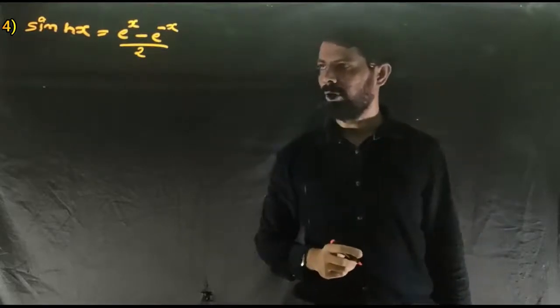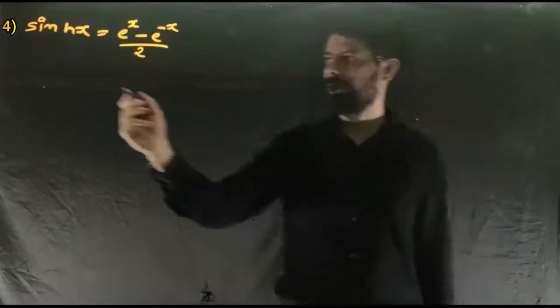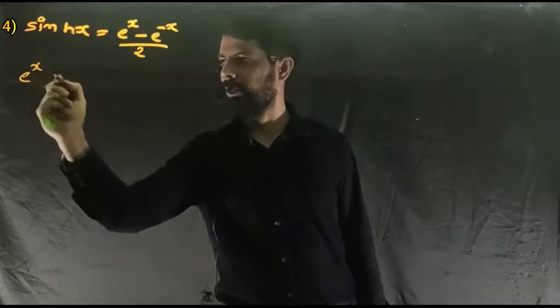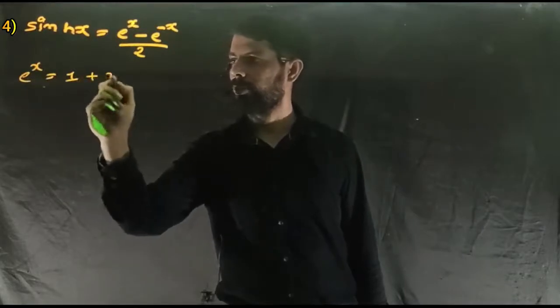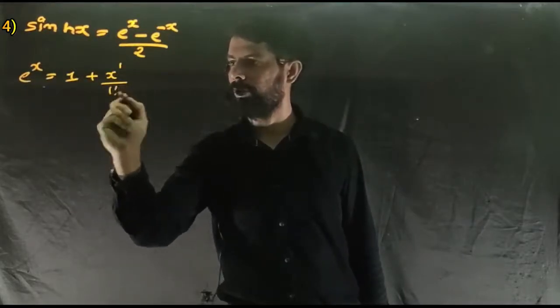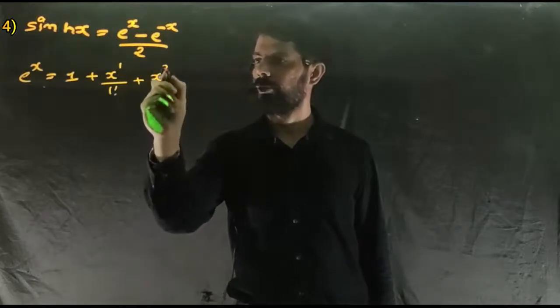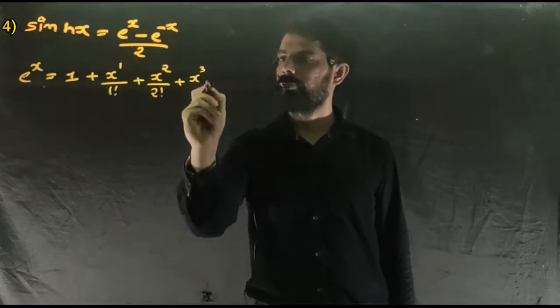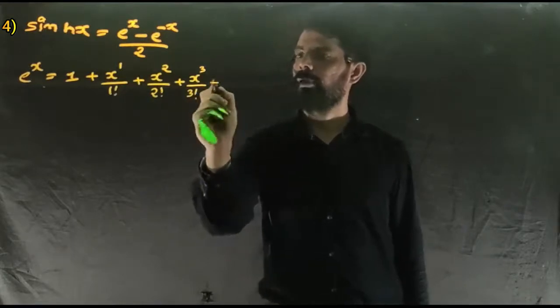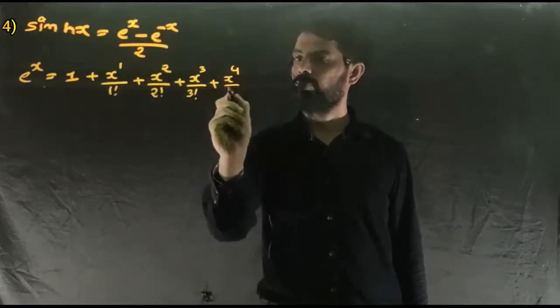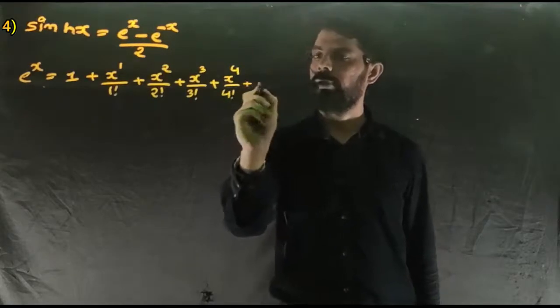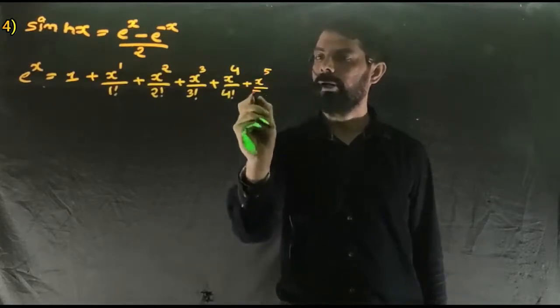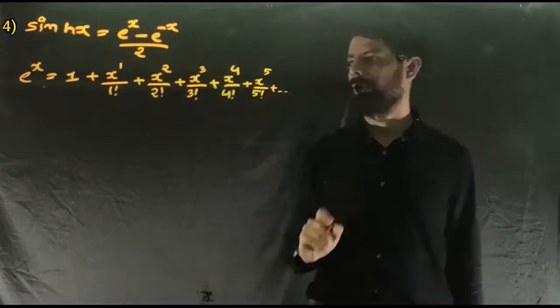We have already discussed that the Maclaurin series for e raised to x is given by 1 plus x raised to 1 by 1 factorial plus x square by 2 factorial plus x cube by 3 factorial plus x raised to 4 by 4 factorial plus x raised to 5 by 5 factorial plus so on.